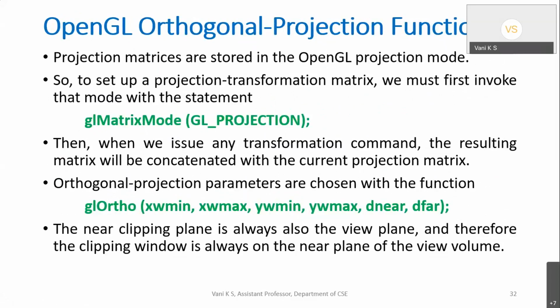Then if you want to set up a 3D view volume, as I told you, it is through glOrtho. This is the parallelepiped view volume, or the view volume for a parallel projection. So what are the parameters for that? For a parallelepiped, let me draw it.